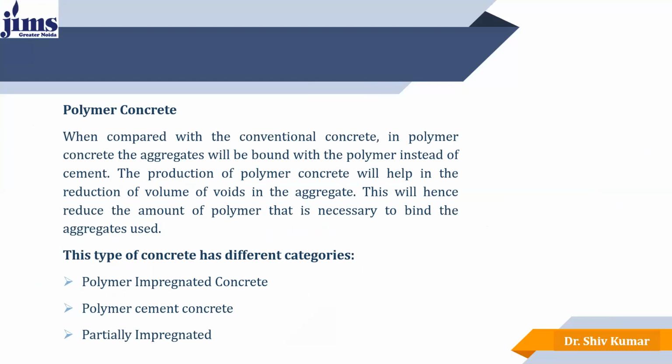This hence reduces the amount of polymer necessarily used as a binding agent for the aggregates. So here we have three types of polymer concrete: polymer impregnated concrete, polymer cement concrete, and partially impregnated.